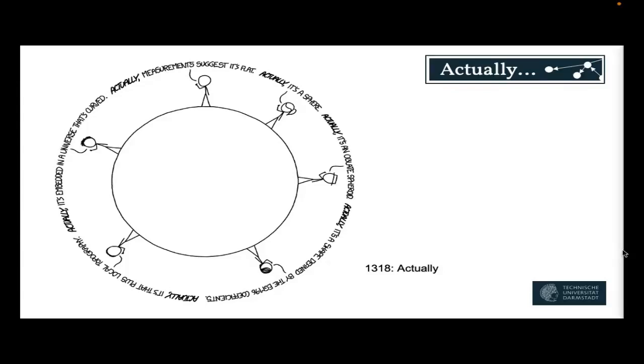Then actually it's an oblate spheroid. And then actually plus local topology, and actually embedded in a universe that's curved, right? So you can always play this game, but we try to find out the truth eventually, right? And the same goes for actual causality. There are amazing conceptual frontiers still to be discovered on this end.